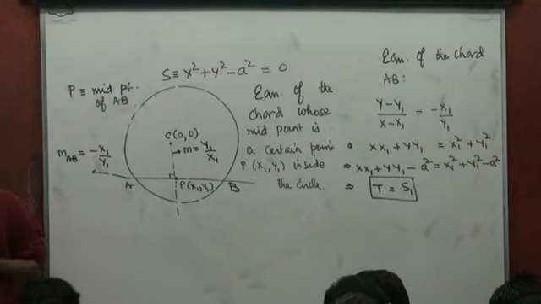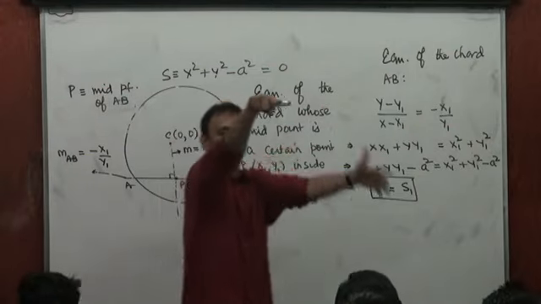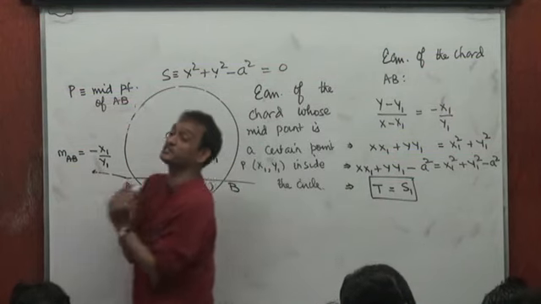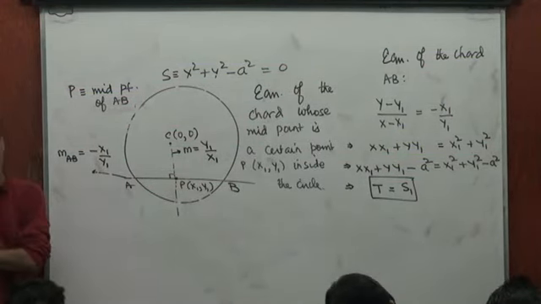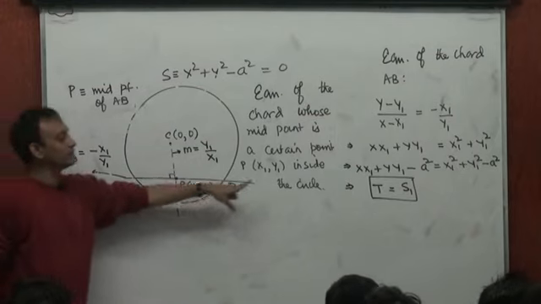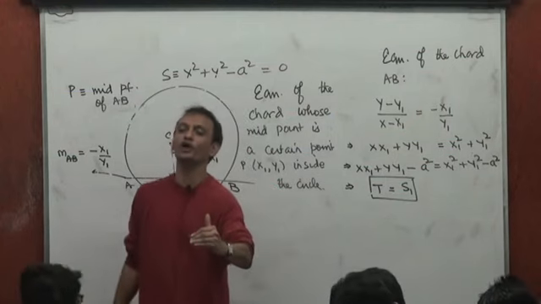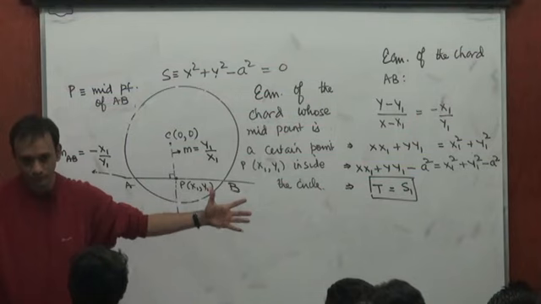Do you understand this? So if the midpoint x1, y1 is known, then you simply write T equal to S1. You'll get the equation of the chord in terms of its midpoint, be it for this circle or the general circle, right?